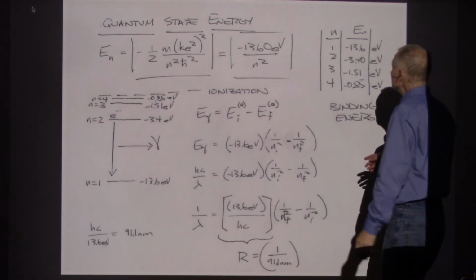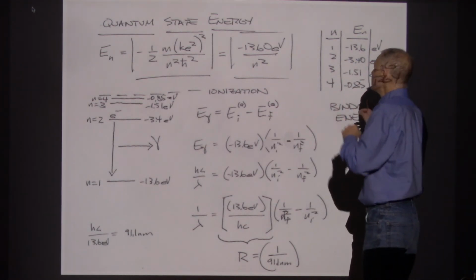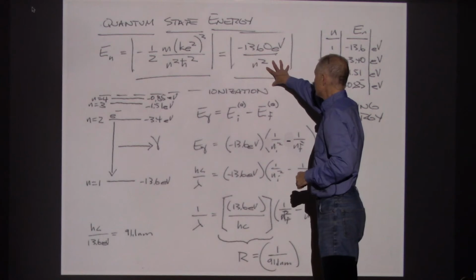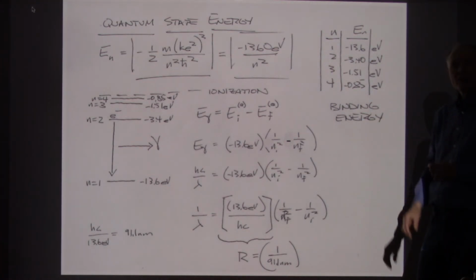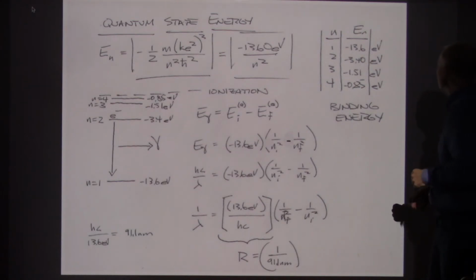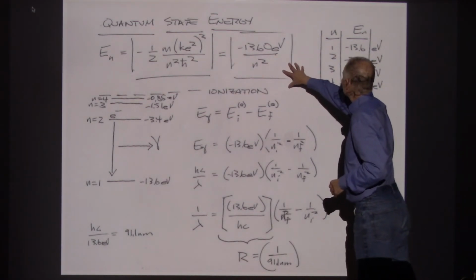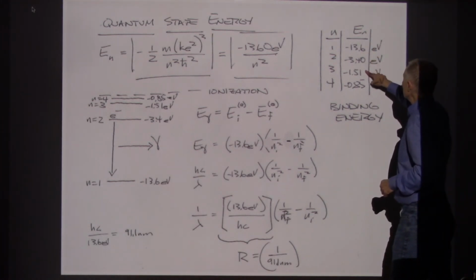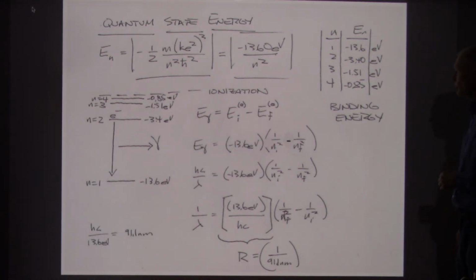So the energies here are both potential and kinetic, but the potential energy is deeper than the kinetic energy, and that holds the electron to the nucleus. So if I put in different values of n into this formula, these are the energies we get of the different quantum states within hydrogen.